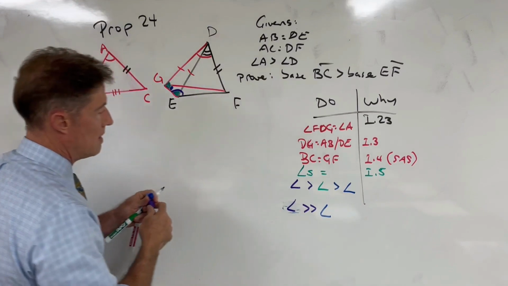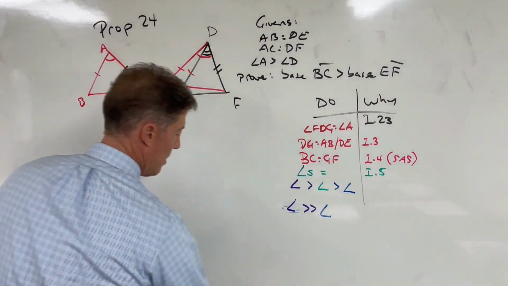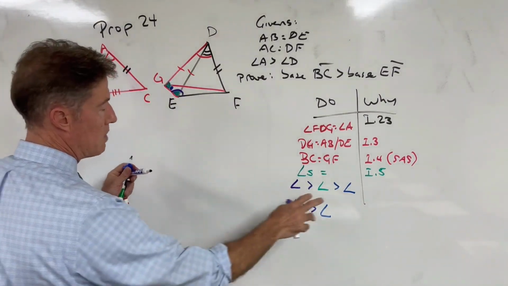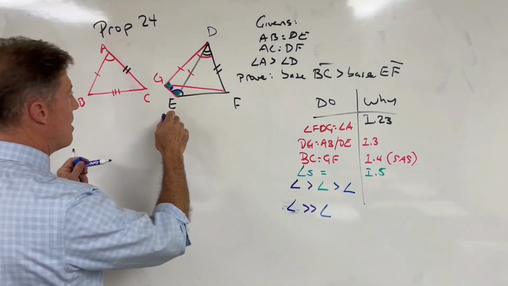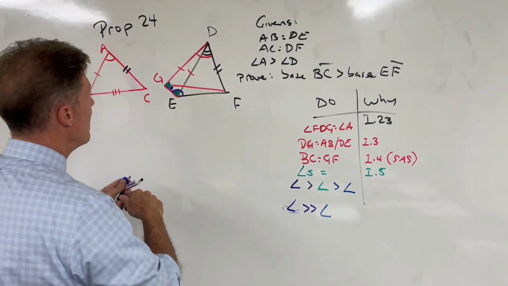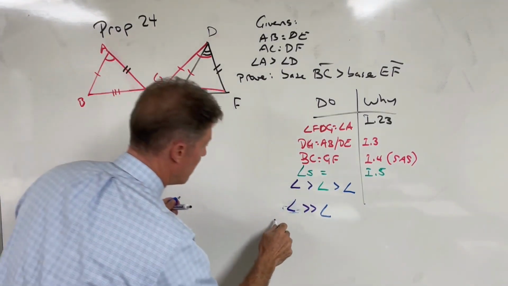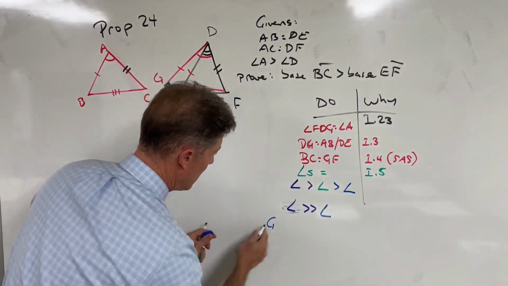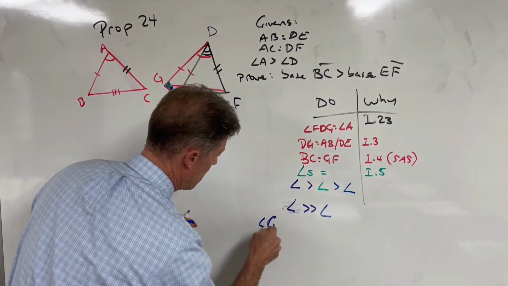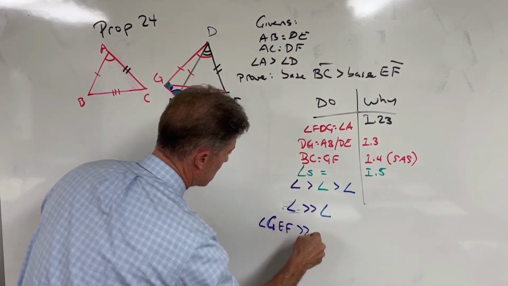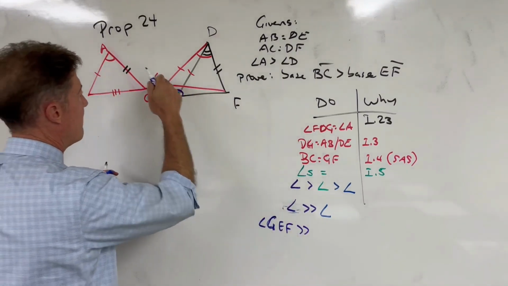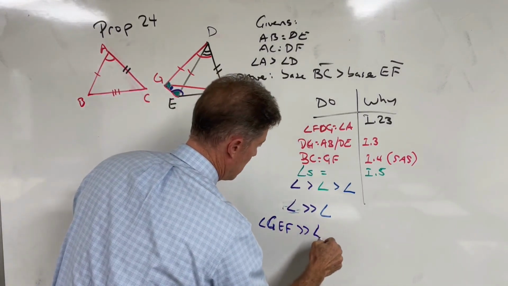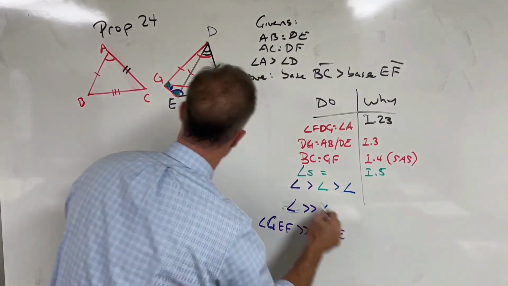Again, this is just an application of common notion 5, the whole being greater than the part. So we have this angle here, GEF, I'll put it purple, GEF, being much, much greater than angle FGE, the little blue angle.